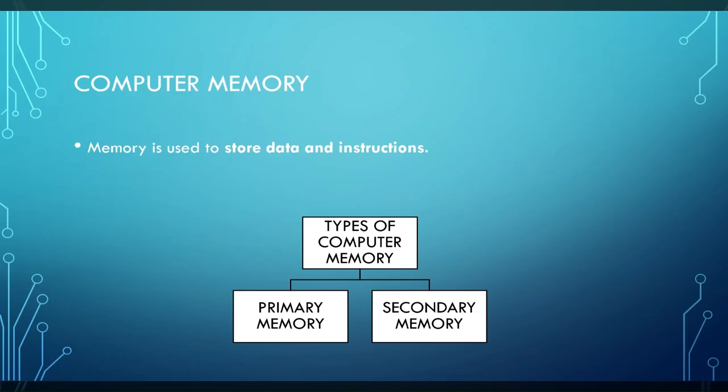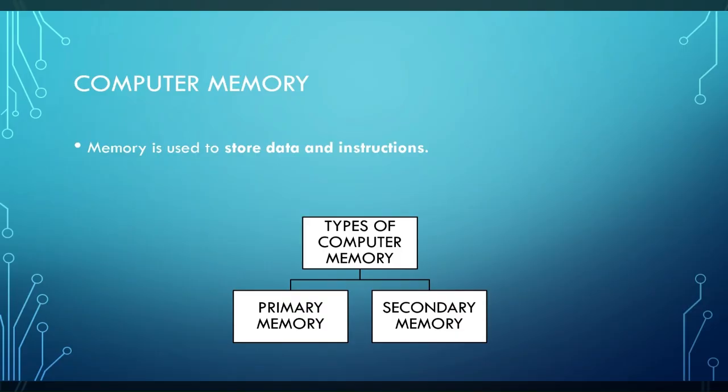Next, we have computer memory. As we have almirahs in our houses to store things, similarly, the computer has computer memory, which is used to store data and instructions. See, a computer is an electronic device, so the structure for storing information is somewhat different from the regular storage that we see in our houses.